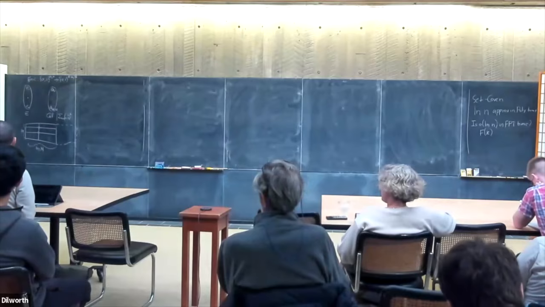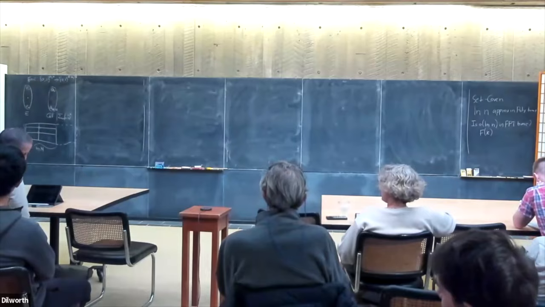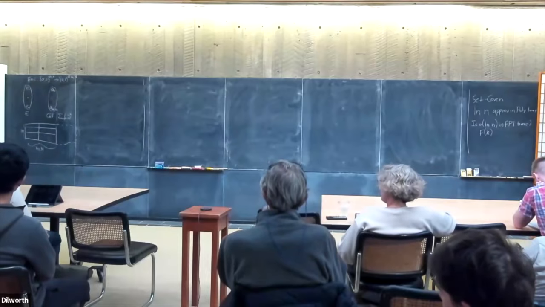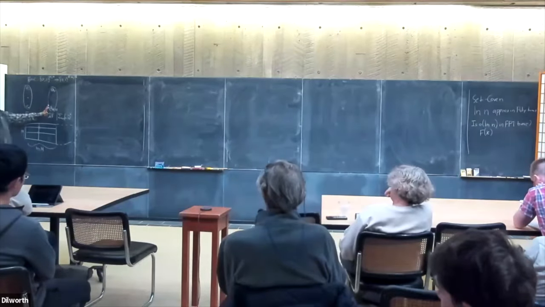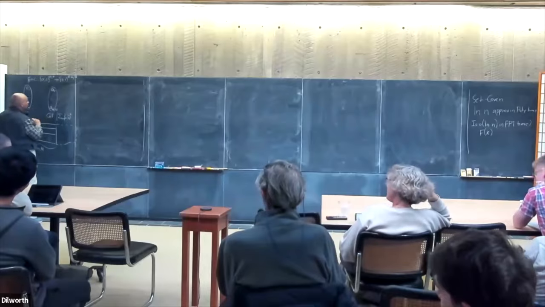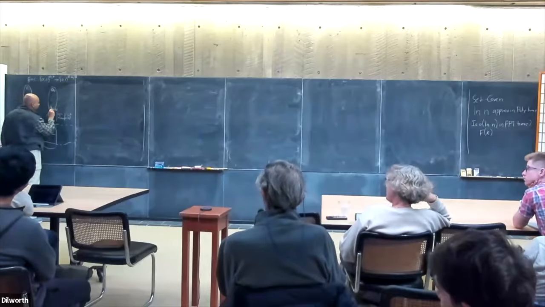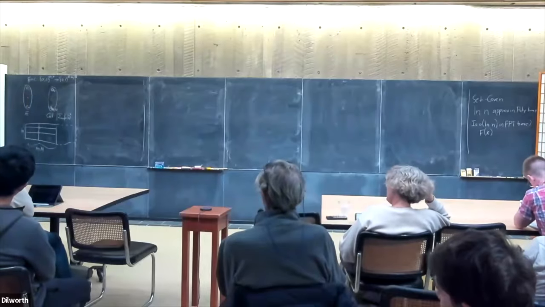Now, r is like 100 or a million, whatever. It can even be some function of k. So we get this thing, and now it's no longer log n, but r log n. And I still have the same thing.